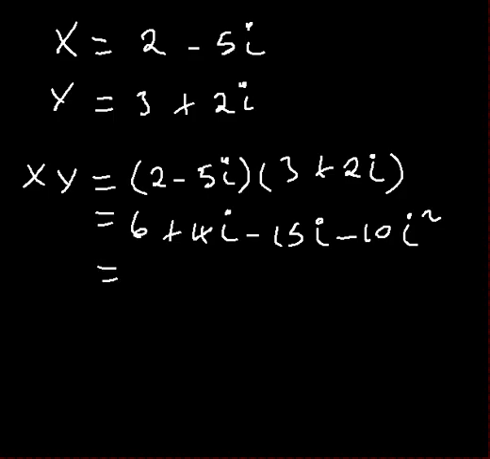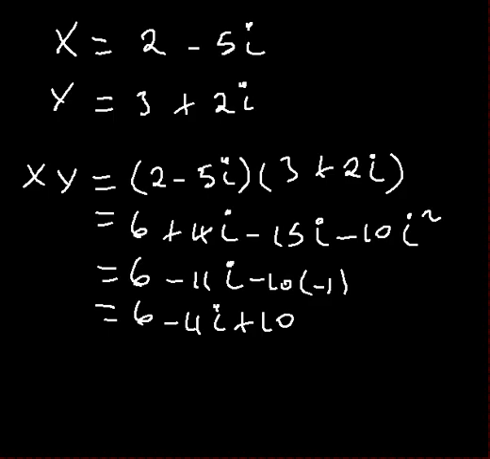We combine the like terms, which give 6 minus 11i, and i to the power 2 is negative 1, so we have negative 10 times negative 1. Thus we have 6 minus 11i plus 10, and these are the like terms. We have 16 minus 11i. So that's how we should have it.